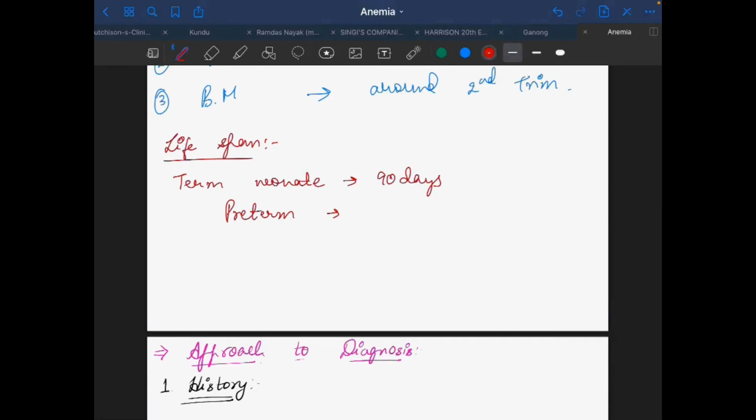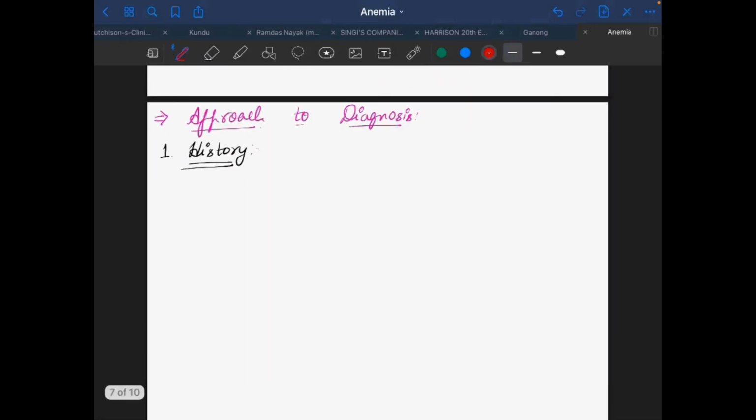In a preterm neonate it's around 40 to 60 days. In other children and adults it is 120 days, as we all know. This is the general physiological fact regarding that. So now we will see the approach to diagnosis.